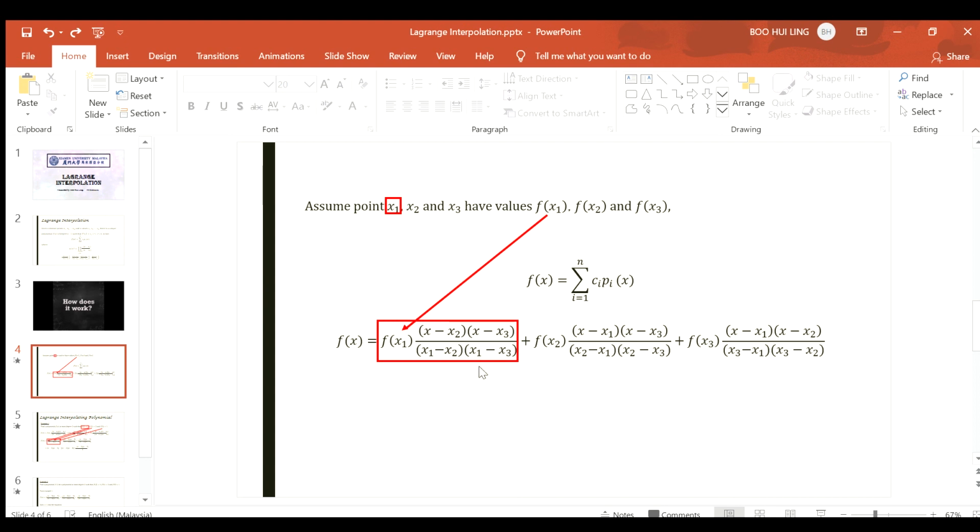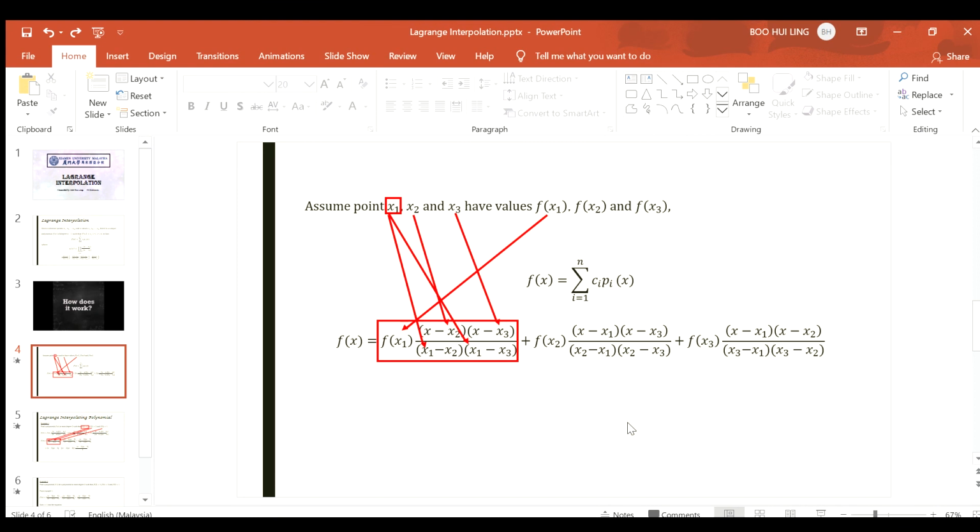Then we multiply it by (x minus the point that we didn't take, which is x2), multiplied with (x minus the other point that we never take), and divided by the point that we take minus those points that we didn't take. So actually it's very easy to form this first part.